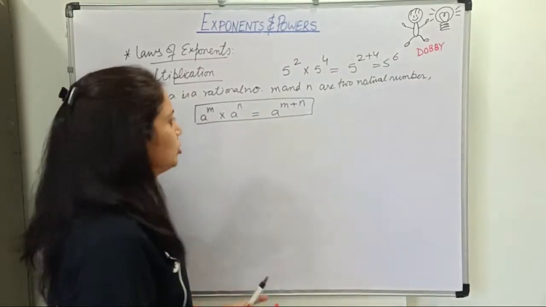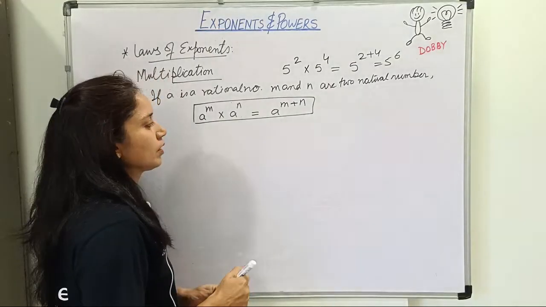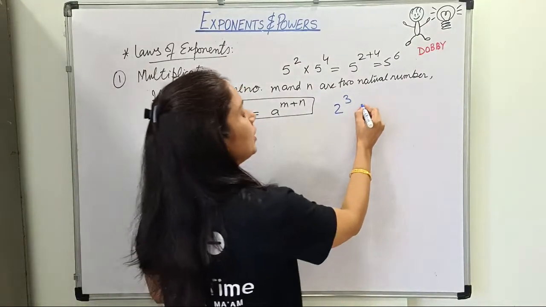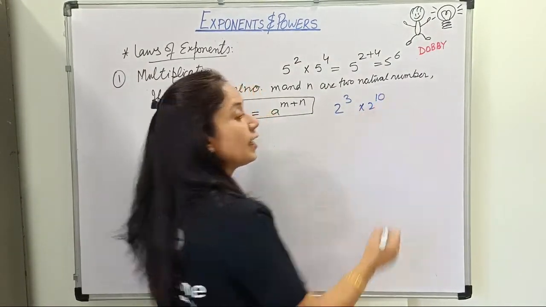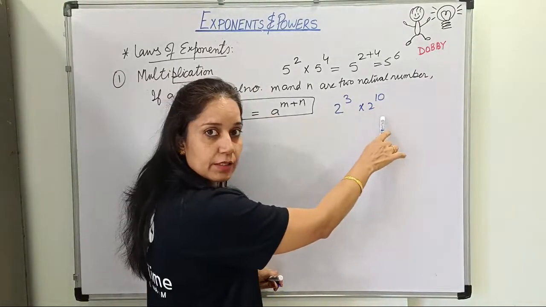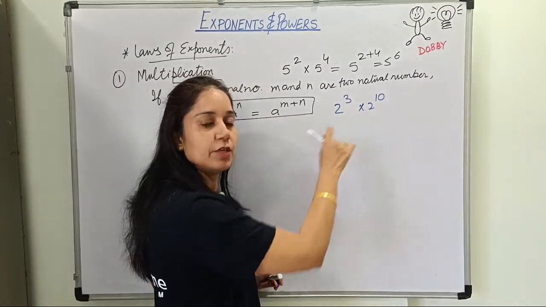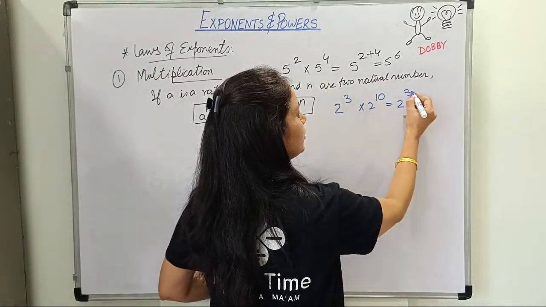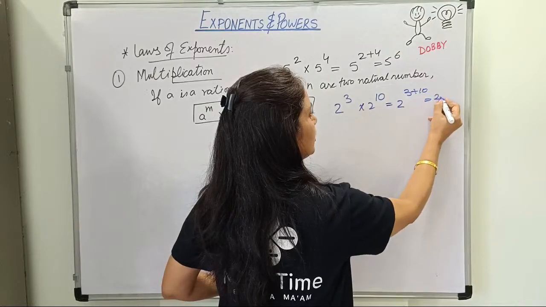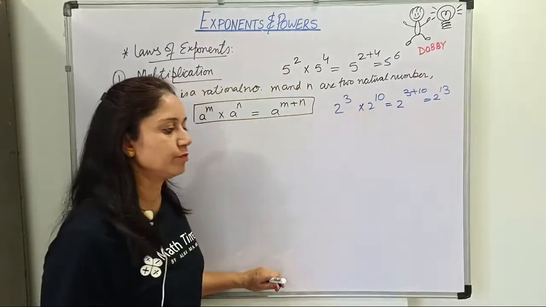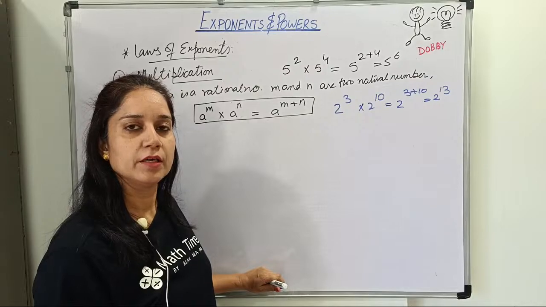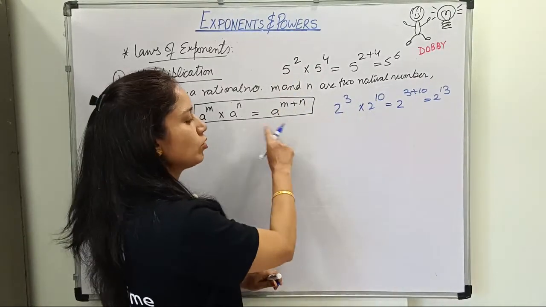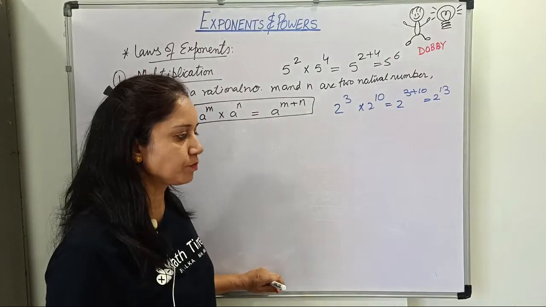Let us practice a question for the same. You are having 2 raised to the power 3 multiplied by 2 raised to the power 10. Same base, in multiplication powers will be added. So it becomes 2 raised to the power 3 plus 10 gives us 2 raised to the power 13. Understood? Please note down all this, both the examples also and the law.